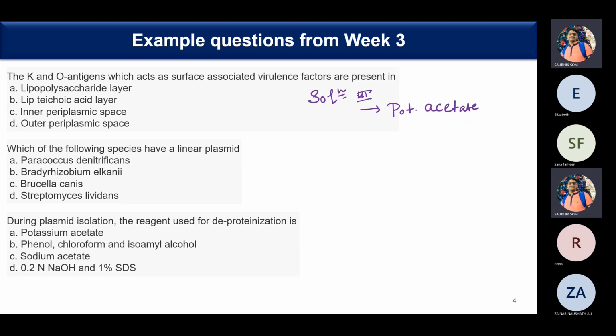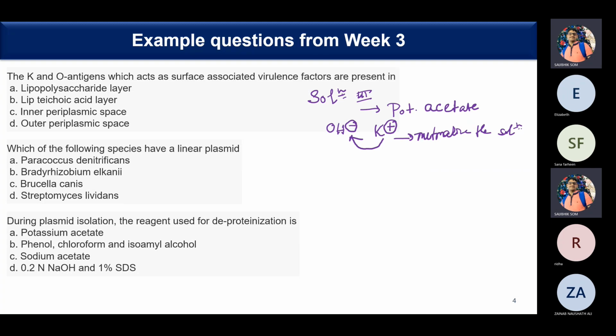Now it's acidic, so the acetate neutralizes the alkaline solution, which had lots of OH minus ions. The potassium has a K plus ion, so this K plus ion will neutralize the solution.